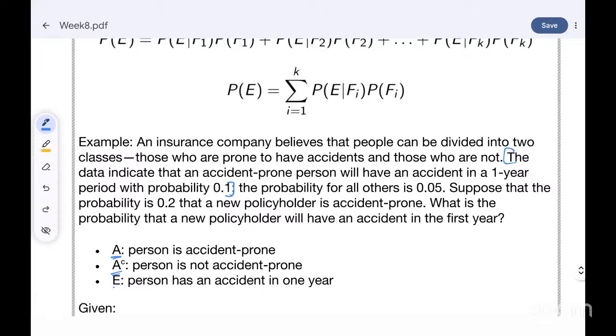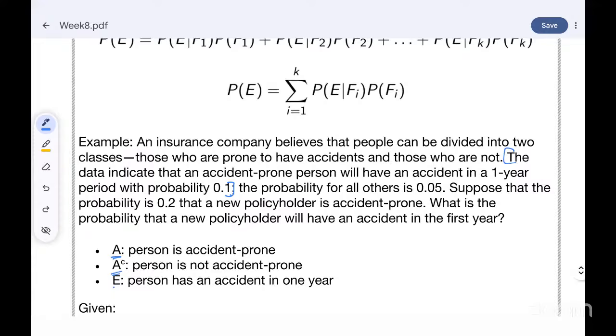What is this line telling? What is given? An accident prone person is given. The person is accident prone is given. And then the probability that the accident happens within a year is 0.1.